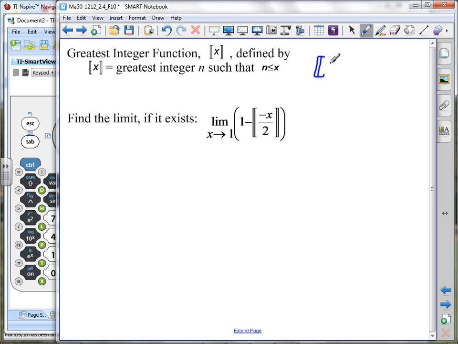The greatest integer function of a number, if I were to just give you some examples, the greatest integer of 2.3 is the greatest integer that does not exceed 2.3, and that would be 2. Okay? The greatest integer, so we're going for integer. This becomes a little tricky in our minds. What if I gave you the greatest integer of negative 2.3?